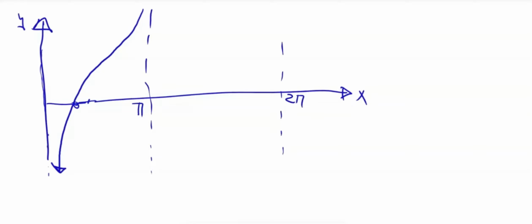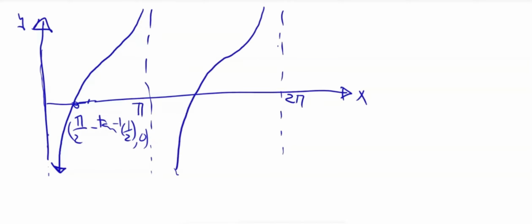So that's going to be pi over 2 minus tan inverse a half, so that's one of the x-intercepts, y equals 0. Getting closer to the asymptote, let's do it again.